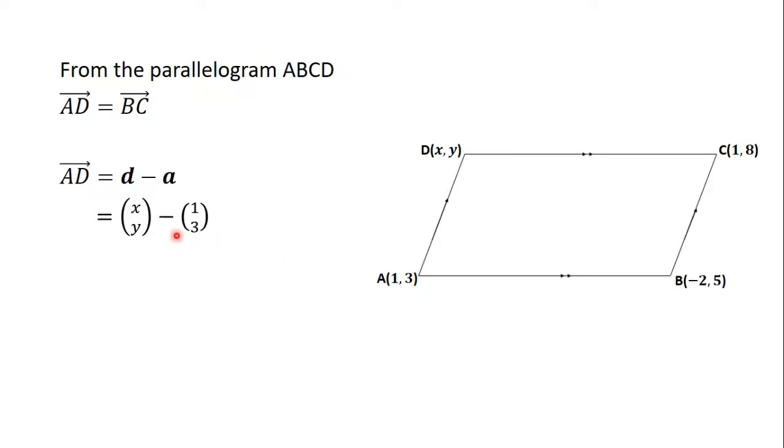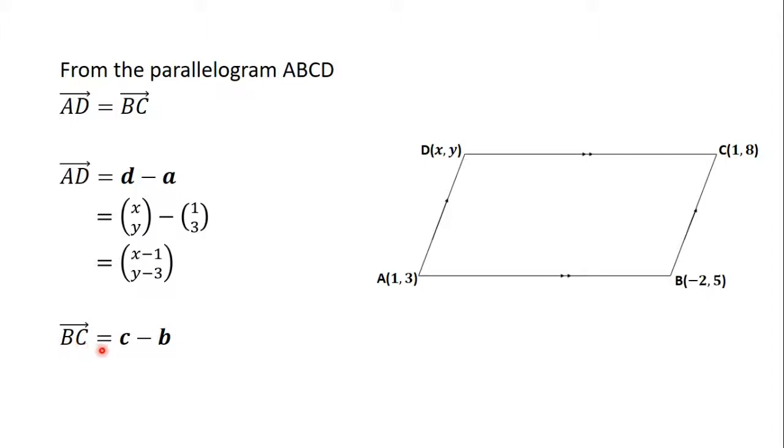From subtraction of vectors, x minus 1 will give us x minus 1, then y minus 3 will give us y minus 3. So we have been able to find the first part, which is AD. Let's move on to the second part, BC.